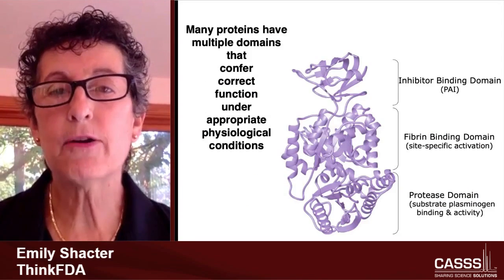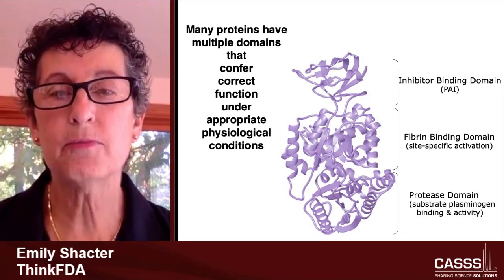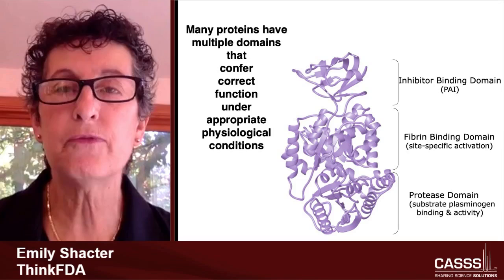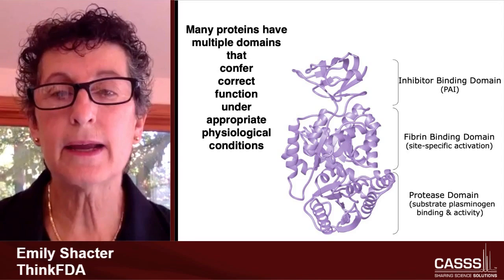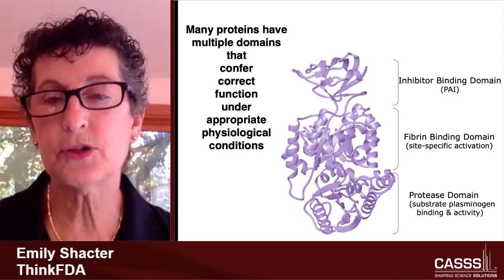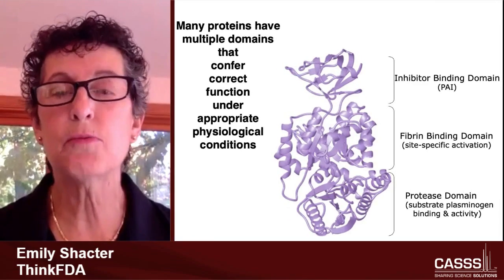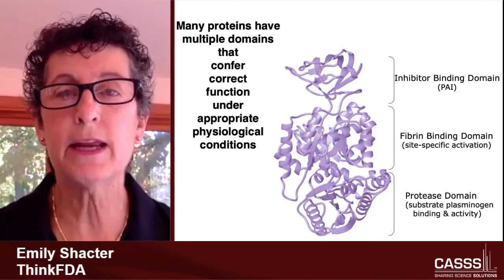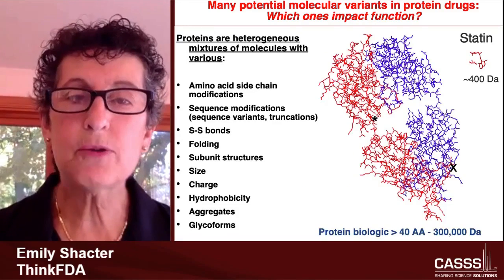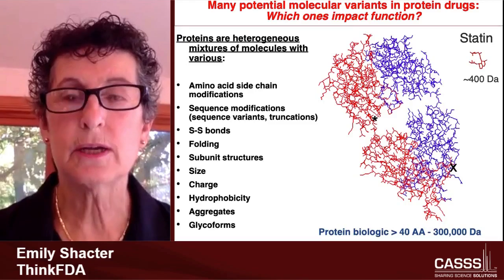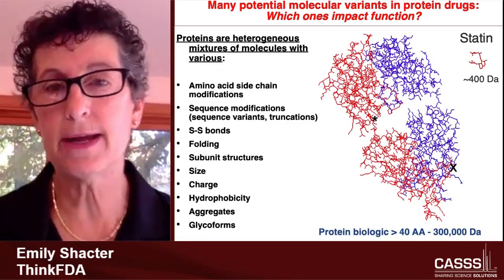And we need to bear in mind that proteins have multiple domains in them, macromolecular domains that are both involved in controlling the protein itself, as well as regulating how the protein works in the body. So we may have multifunctional domains that we have to look at, and this is true for many of our proteins.